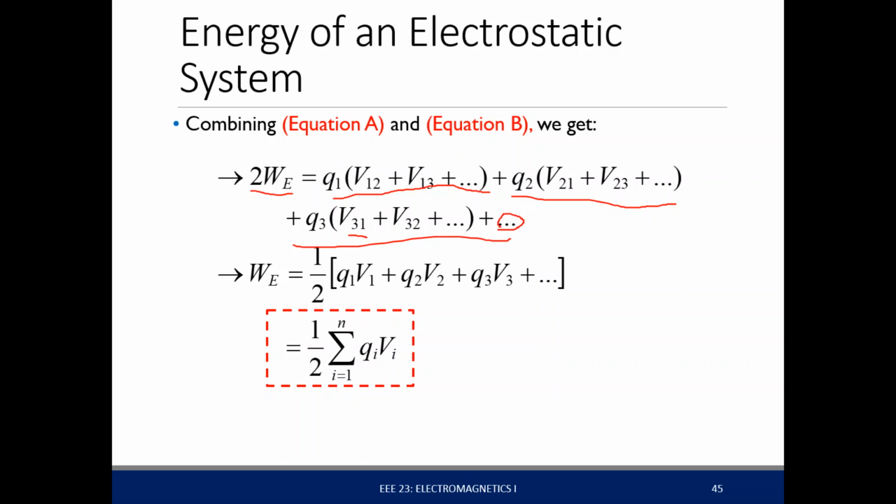Now, acknowledging that some terms would cancel out with each other, if you add all these together, you actually get the expression V1. If you add that together, until infinity, if there's a lot of charges, you get the potential V1. Same is true with Q2, you get V2, and also with Q3, you get V3.